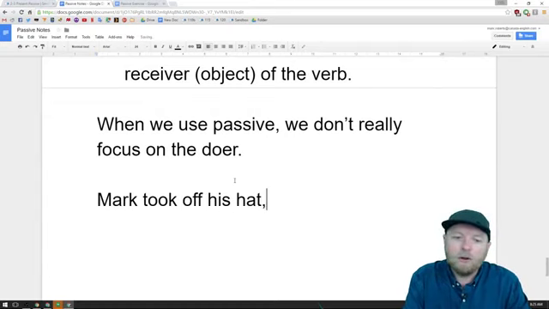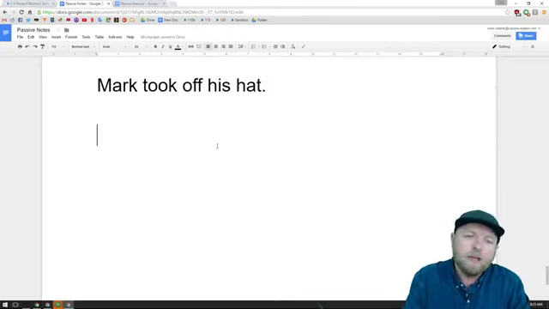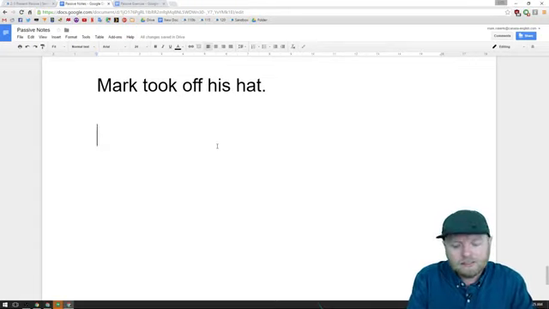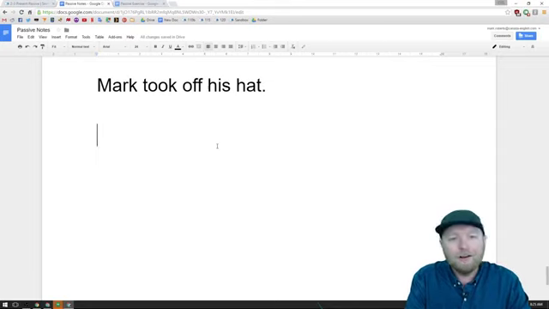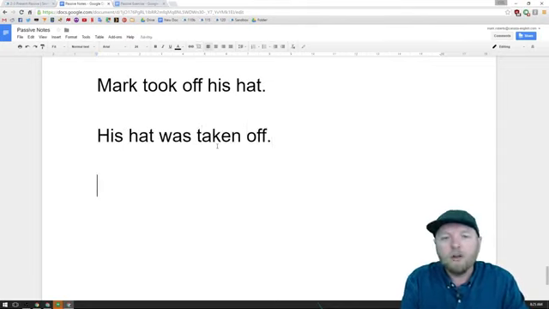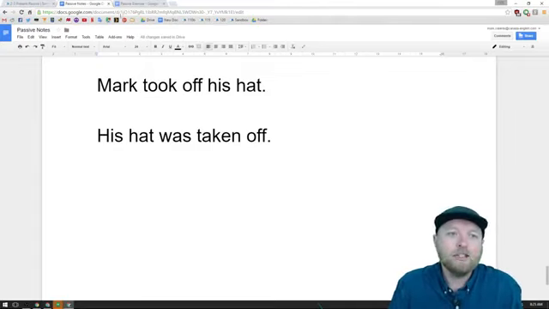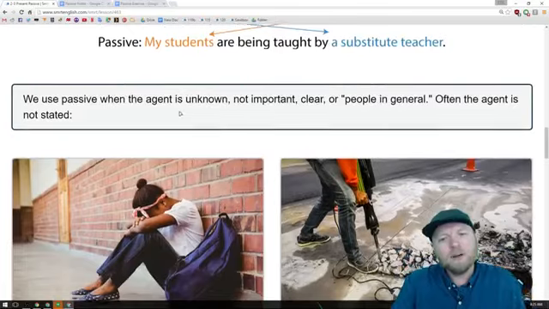In this sentence, who is the doer? Well, of course, Mark is the doer. In a normal passive sentence, we don't care about Mark. We don't say Mark. So example, his hat was taken off. We don't really care about the doer, right?